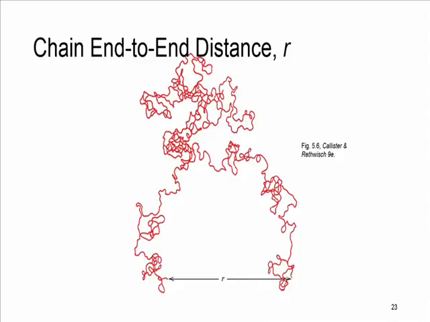Therefore, polymers that consist of large numbers of molecular chains can have very complicated shapes due to the numerous random kinks and coils produced by chain bond rotations.